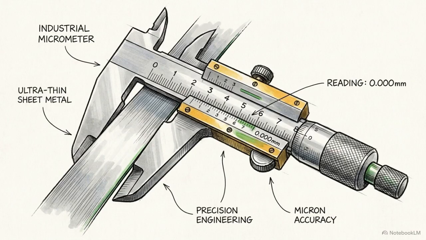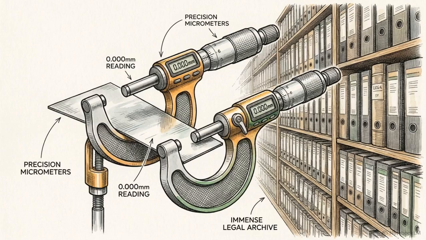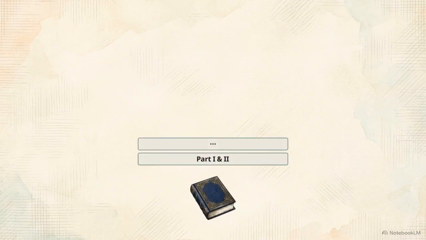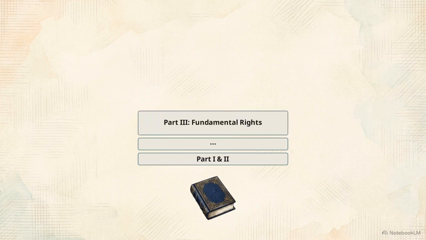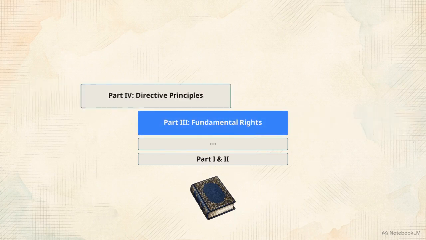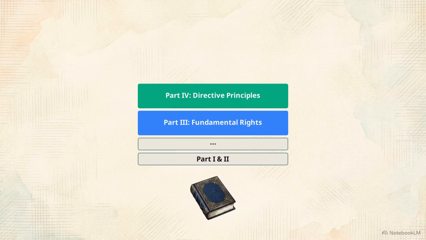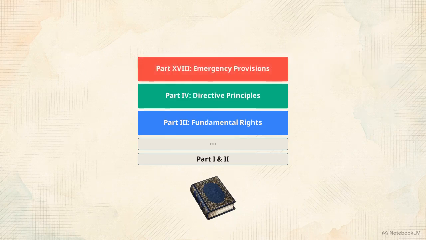Defining the exact boundaries of these competing powers left zero margin for error. Codifying that balance required thousands of words, actively driving the expansion of the document. When you map the entire text, the sheer volume reveals an interdependent system. Part 3 guarantees fundamental rights, Part 4 directs the economic policy of the state, and Part 18 provides the emergency brakes.